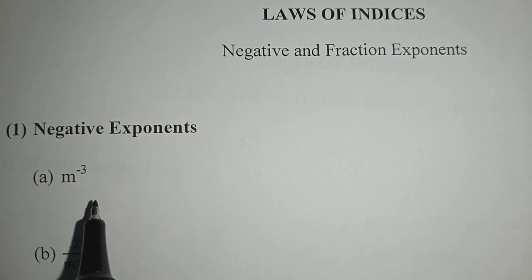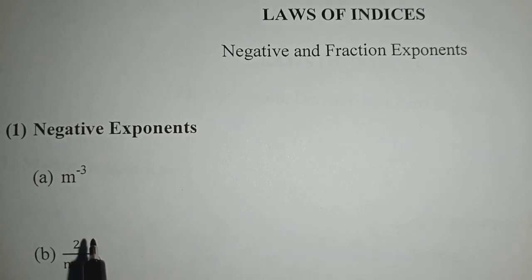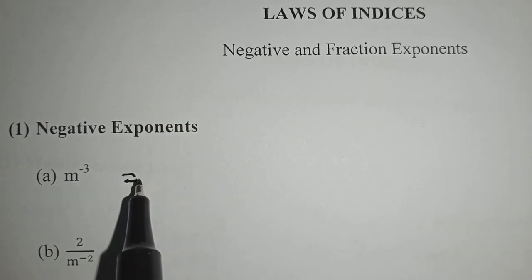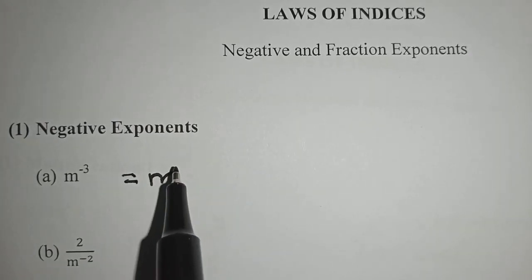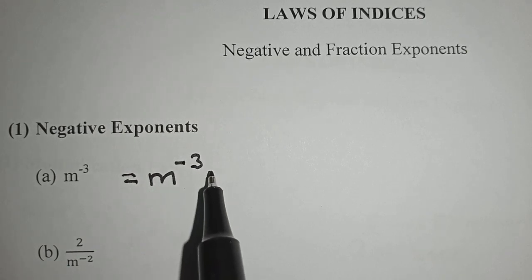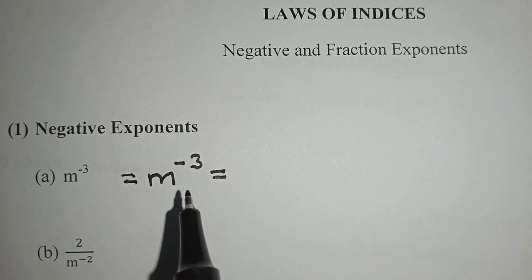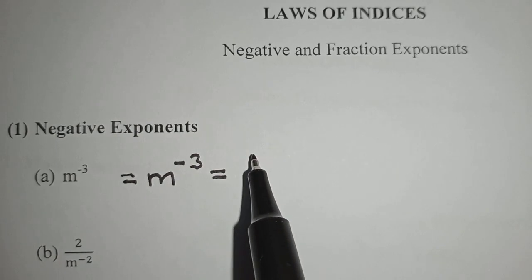So negative power. If you have got a negative power, what are you supposed to do? All right, so for the negative power, like it is here, we have m power negative 3. We have to change this to a positive power. So how do we do that?